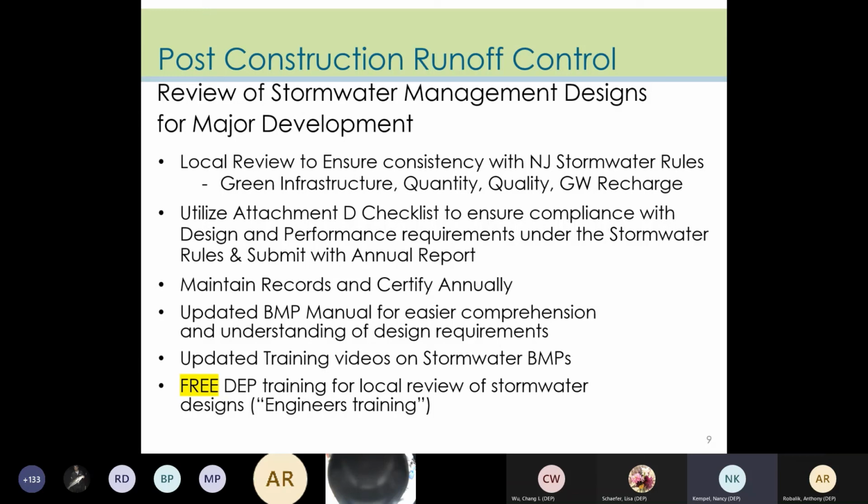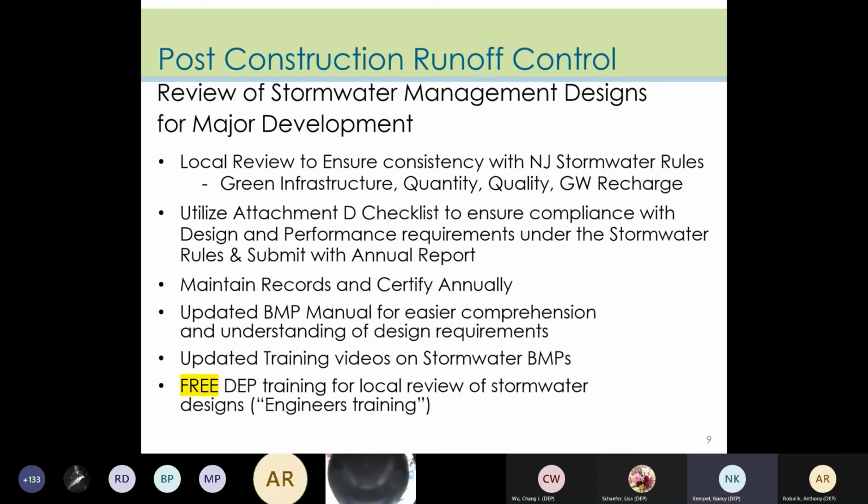We asked the permittees to utilize the Attachment D checklist to ensure compliance with the design and performance requirements under the stormwater rules and submit that with the annual report. Any development that meets the definition of major development in the local SCO must be reviewed at the local level to ensure compliance with these standards.